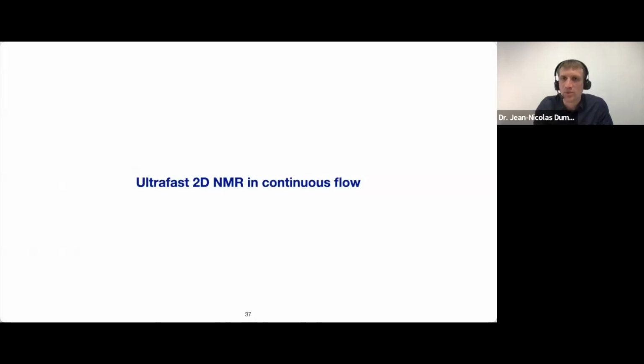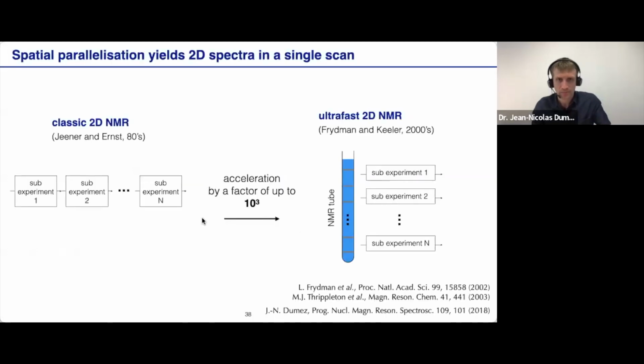And as the final part of this presentation, I would like to show that one can also obtain ultrafast NMR spectra of very good quality for a continuously flowing sample. So first, let's go over the general idea of ultrafast NMR, which was introduced by Lucio Frydman in the early 2000s, and it makes it possible to accelerate quite dramatically multidimensional experiments.